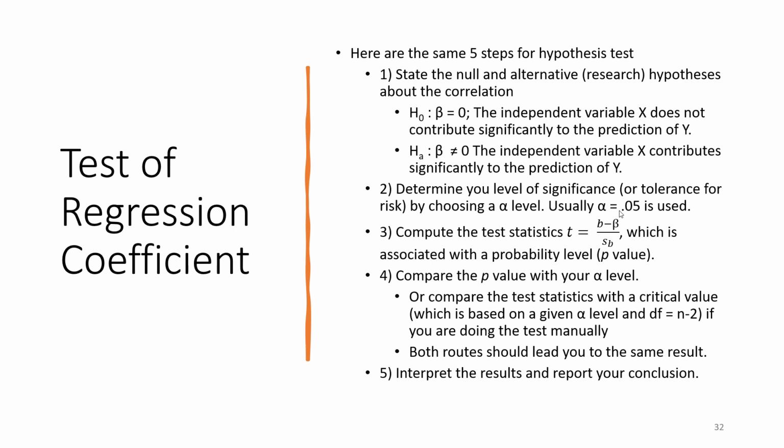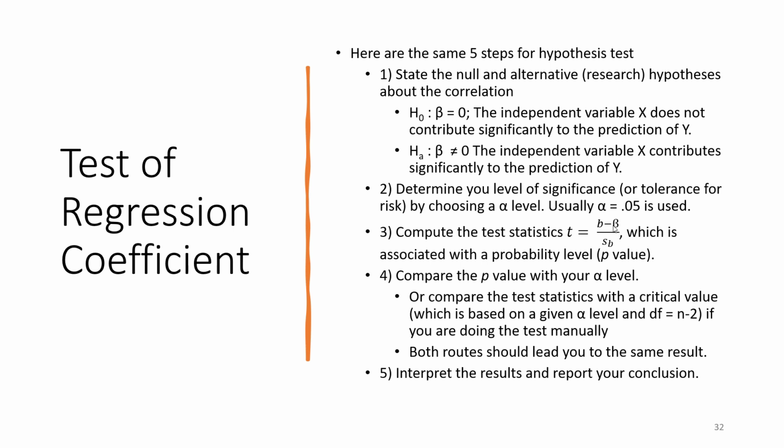So once you have your alpha value, you can find the observed t-value and its associated p-value in the SPSS output. The t-value is calculated as the estimated regression coefficient minus the hypothesized value and divided by its standard error.